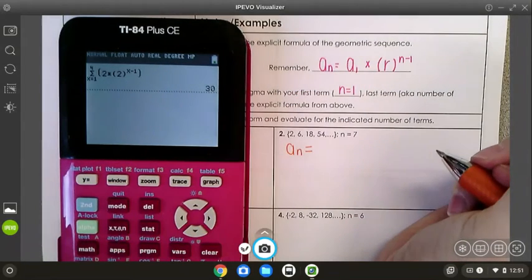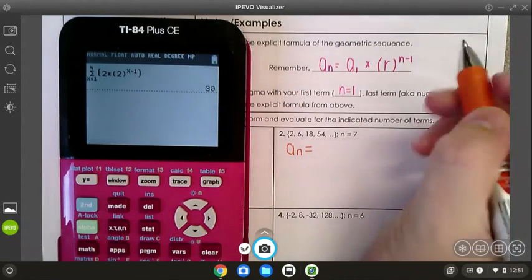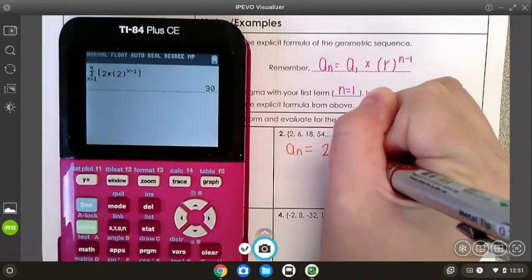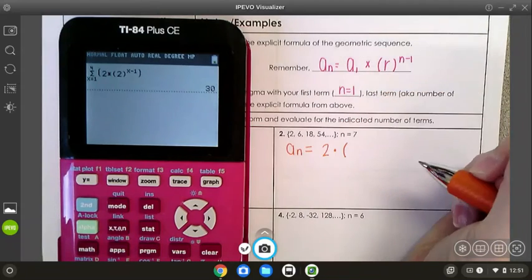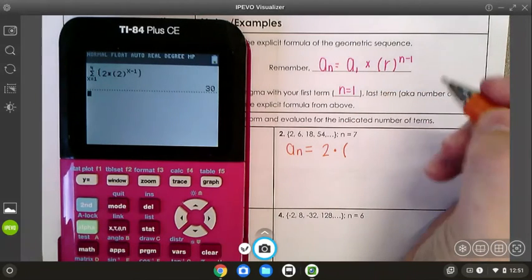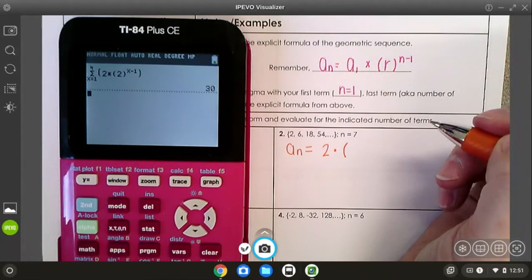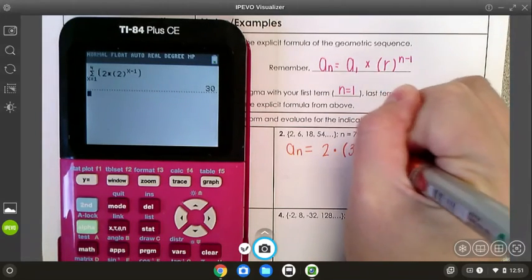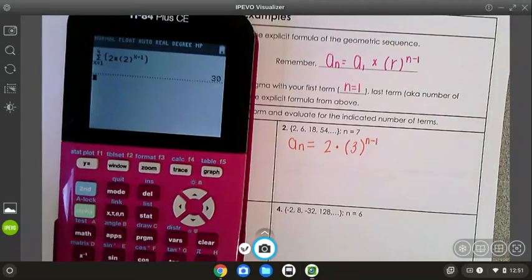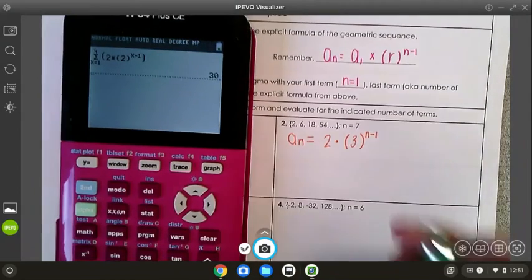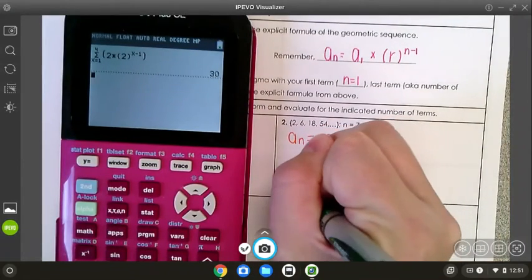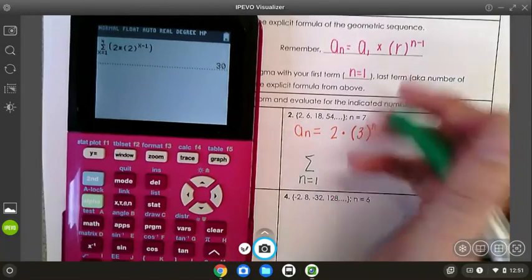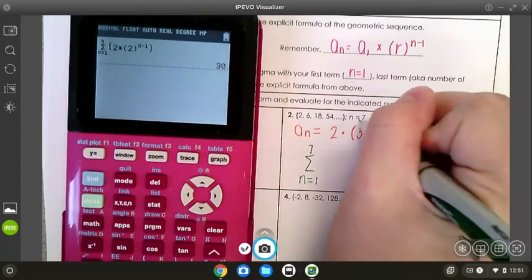Let's find our A_n formula. My A_1 is 2 times my r. What's my r? 3. And then in the exponent, n minus 1. So n equals 1 in the bottom. We're going to put a 7 up top.